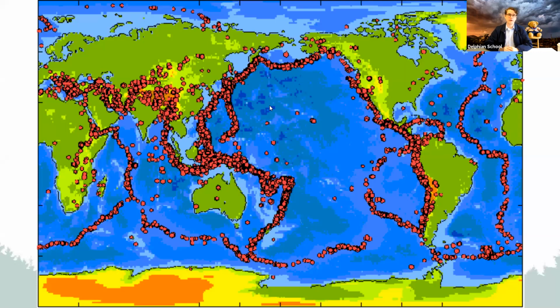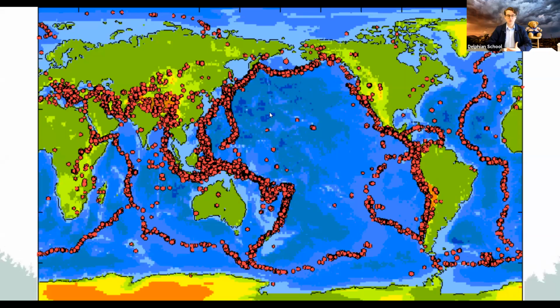Most earthquakes you will never feel. And that is because there's hundreds of earthquakes that happen every day, most of them very small, very minor. And then every once in a while, a big one will happen that you will hear about, like LA or San Francisco, Japan.